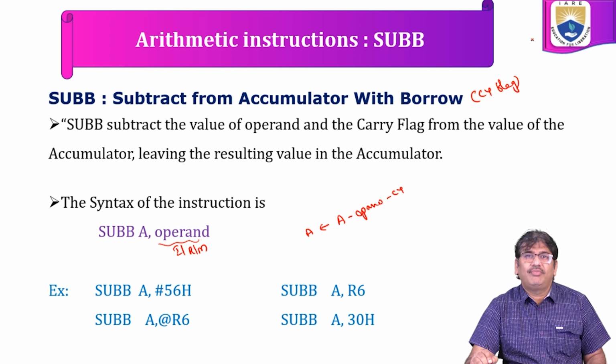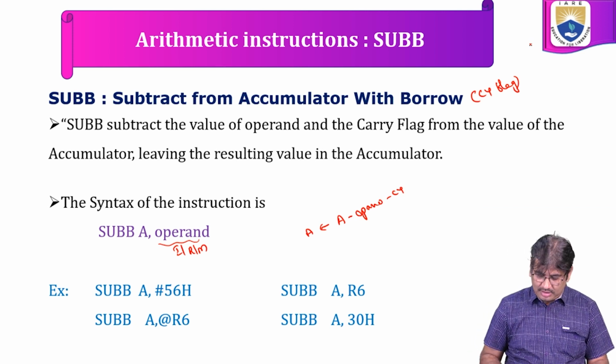Here, the contents of the memory location whose address is specified in the R6 register will be subtracted from the accumulator along with the carry flag, and the result will be stored in the accumulator. SUBB A, 30H. Here, 30H refers to the memory location. So, the memory location contents will be subtracted from the accumulator along with the carry flag, and the result we can see in the accumulator.